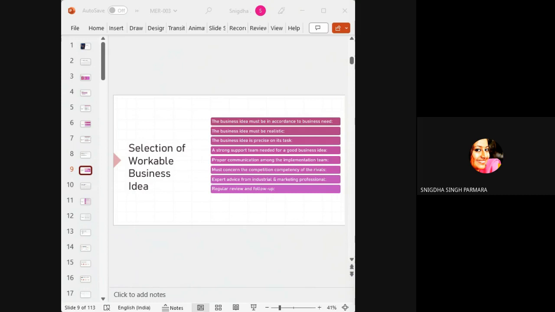The business idea must also consider the competency of the rivals. This is an important thing that an entrepreneur, while estimating the workability of a business idea, must know about his or her competitors. They must know who the prospective rivals are.